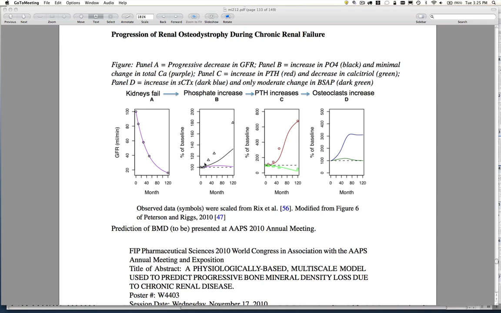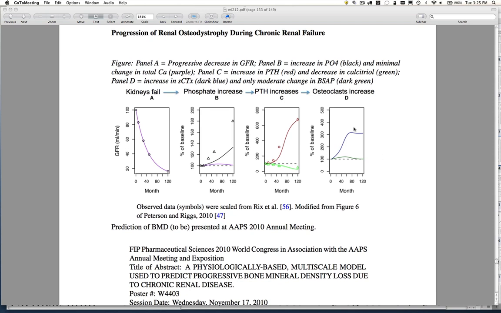What happens relative to change in phosphate? How does that feed into an increase in parathyroid hormone and a decrease in calcitriol, and subsequent to that, a marked elevation in osteoclast function? And so, in fact, the model is able to predict this manifestation.